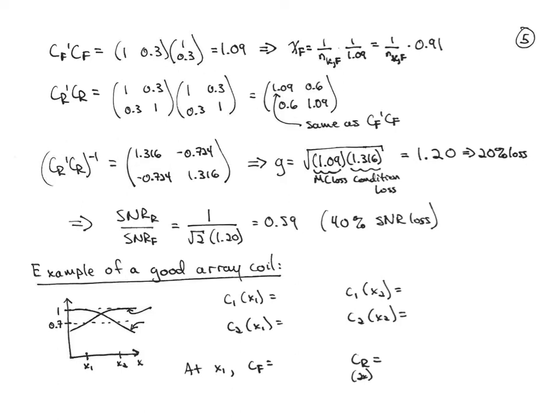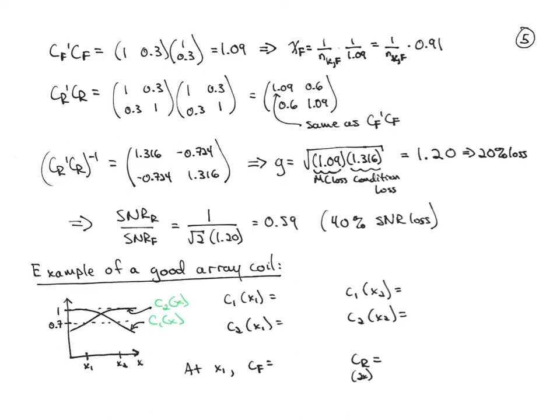Okay, so compared to that, consider an example of a good array coil, where the design objective is to get sensitivity everywhere with multiple coils. So this will still be c sub 2 of x, and this guy will be c sub 1 of x. But now instead of one of them being high and the other one being way depressed down to 0.3, what we would really like is that they're both kind of high everywhere.